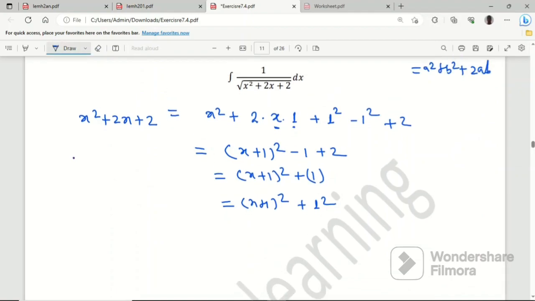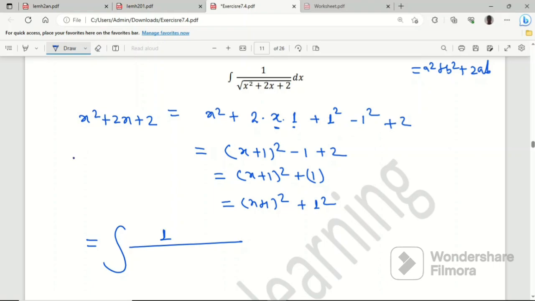In the final board exam, this type of question comes involving px plus q in the numerator. It was there during my board exam. So I will get x plus 1 whole square plus 1. Now it is in the form of x square plus a square. So I will write the integration of 1 upon x plus 1 whole square plus 1 square, since I have converted this quadratic equation into this expression.